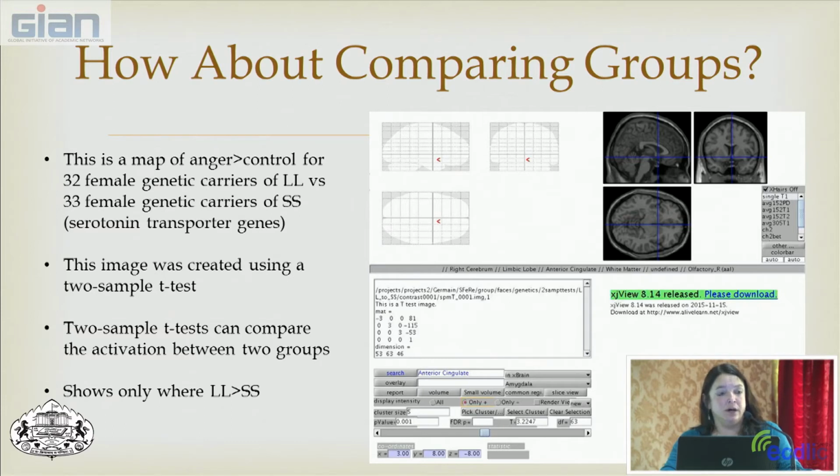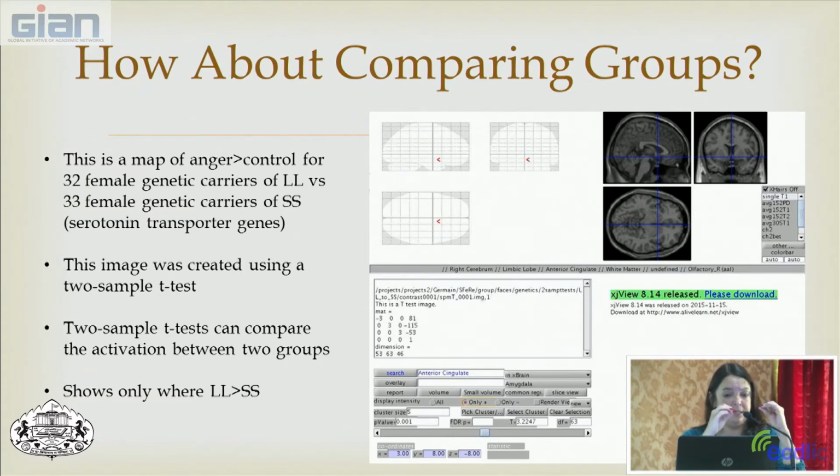There's a lot of push right now in the US to study different types of genetic information, and this just happens to be one such case. In the serotonin transporter, you can have an L allele or an S allele, and the most prominent is having someone with an L and an S allele.